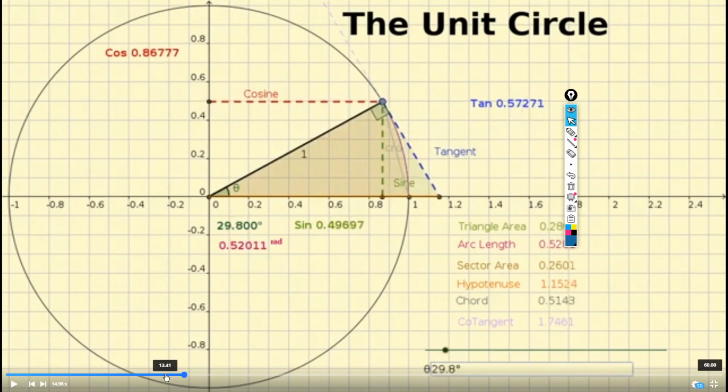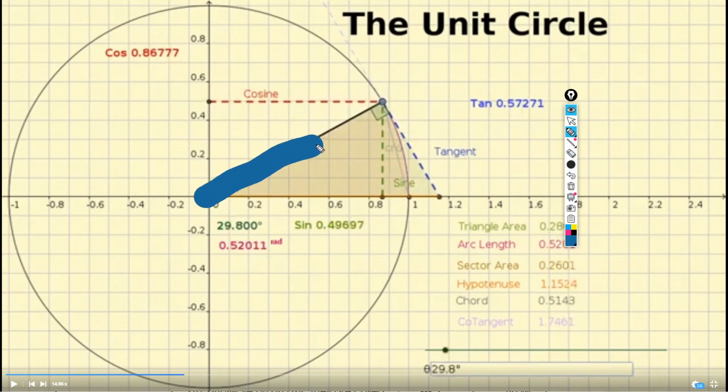Why is it called the unit circle? It's called the unit circle because it's a circle with its central point on 0, 0. You can see right here. And what I want you to notice is that the hypotenuse, that's not thick enough.